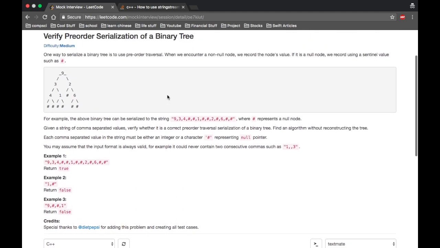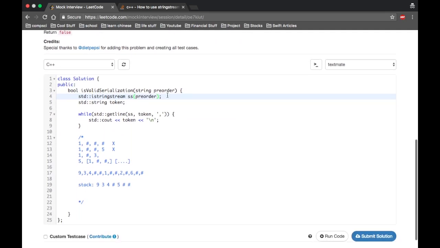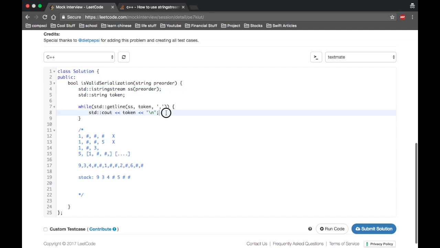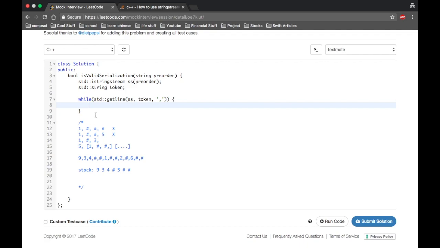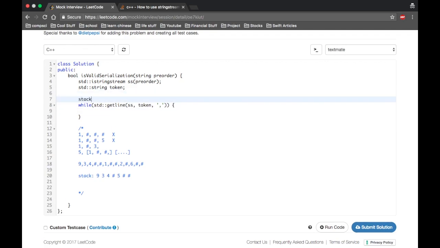How much time do I have left? All right, 20 minutes. I got this. Okay, so now the word or whatever is going to be in token. I also need a stack, and it's going to be a stack containing a string. Is there std stack?